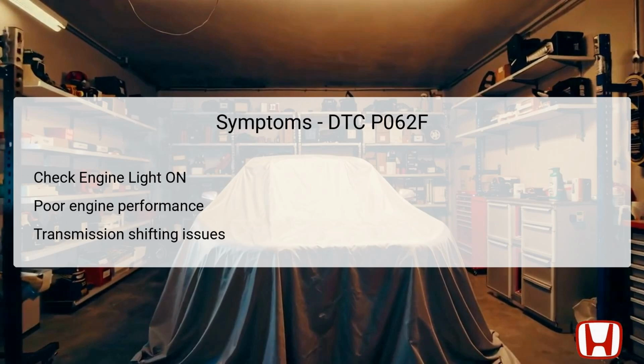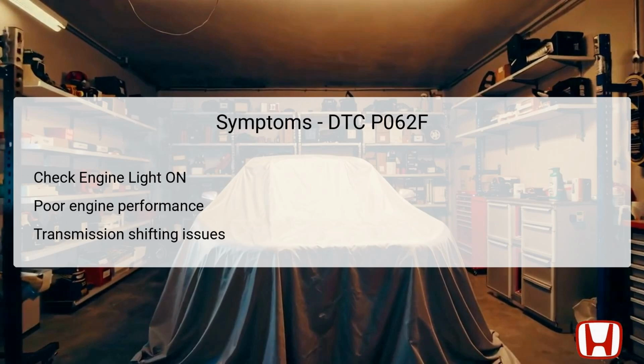Drivers may also notice poor engine performance, characterized by erratic acceleration or stalling. Additionally, transmission shifting issues may arise due to the PCM not being able to effectively manage shift patterns, resulting in delays or harsh engagements. Recognizing these symptoms can assist in timely interventions and lessen the risk of further damage to vehicle systems.